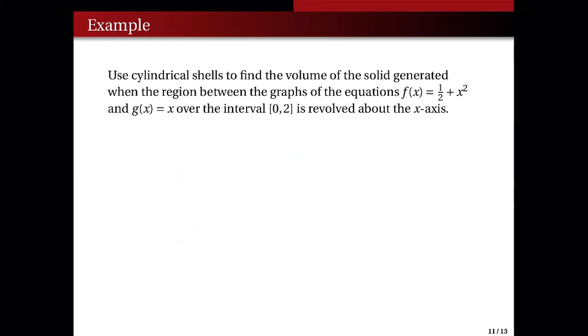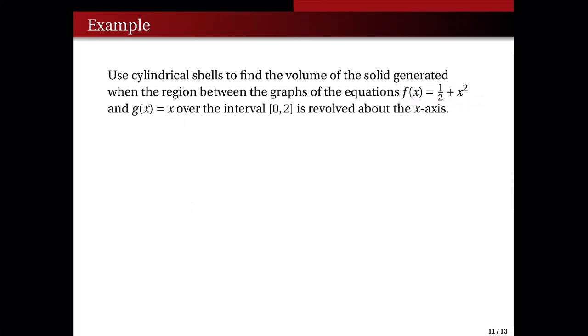Next problem. Use cylindrical shells to find the volume of the solid generated when the region between the graphs of the equations f of x equals 1/2 plus x squared and g of x equals x over the interval 0, 2 is revolved about the x-axis.